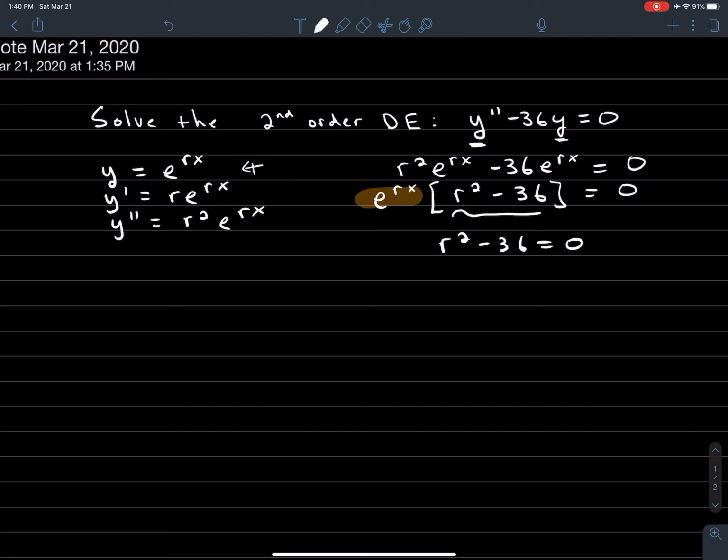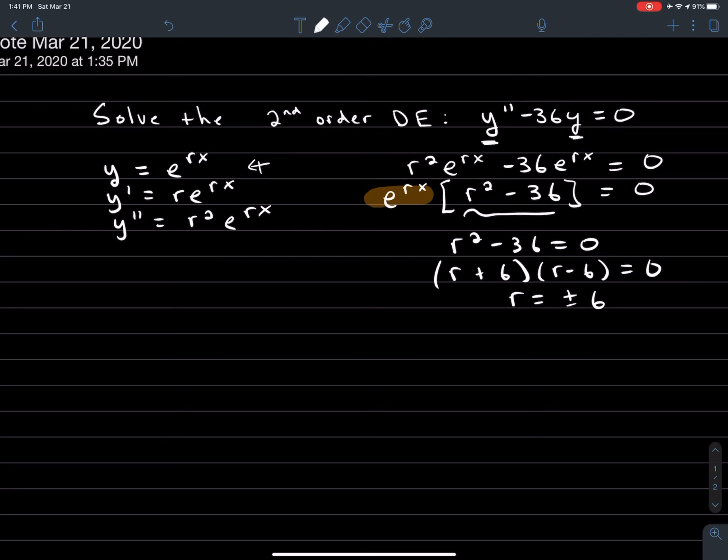And let's solve. And we get r equals plus and minus 6. Two solutions. They're unique because there's two of them. So my fundamental set is my first solution. We plug r back in here. That's what we said our solution was.